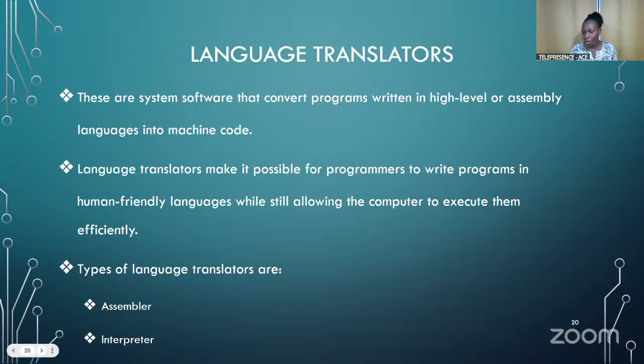Maybe if they say "comment tu t'appelles," they will tell you, okay, this is the meaning in English. Do you understand? This is what translators do. When you give a system a particular command, it's those translators that will turn it into zeros and ones for the machine to understand.